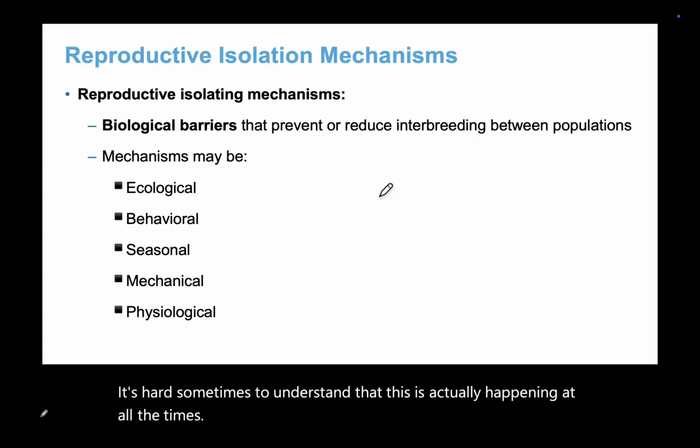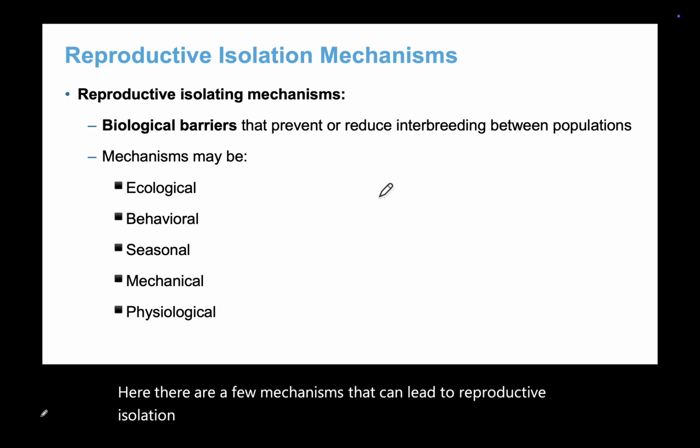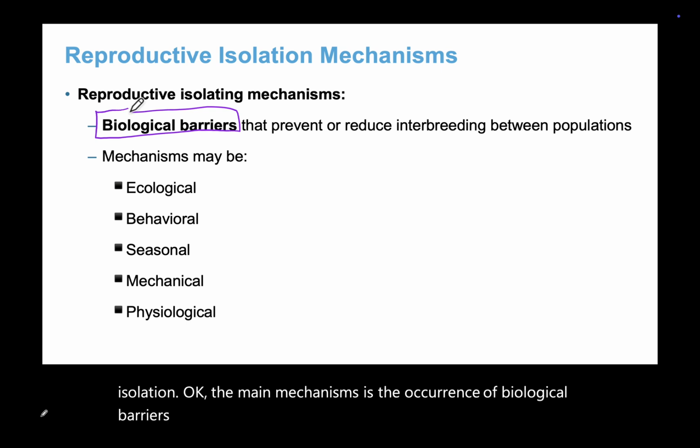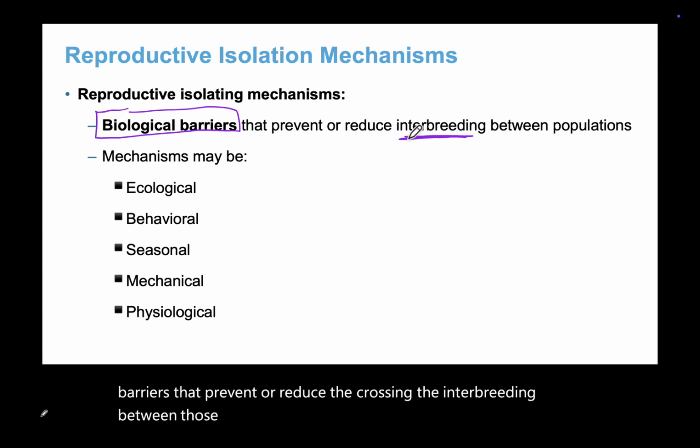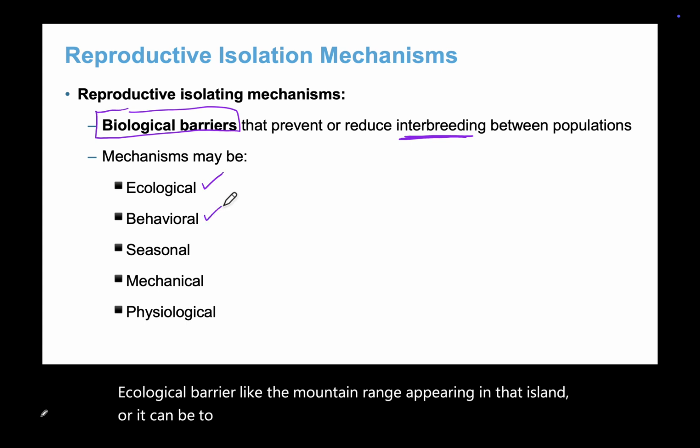Here, there are a few mechanisms that can lead to reproductive isolation. Okay, the main mechanism is the occurrence of biological barriers that prevent or reduce the crossing, the interbreeding between those populations. That can be due, for instance, to an ecological barrier, like the mountain range appearing in that island, or it can be due to changes in behaviors.